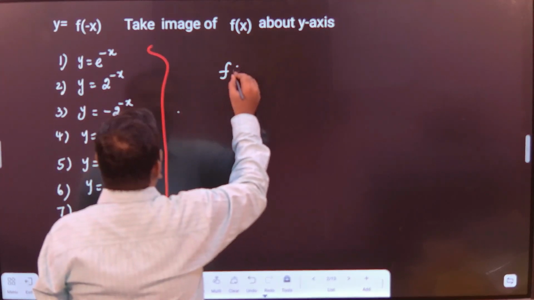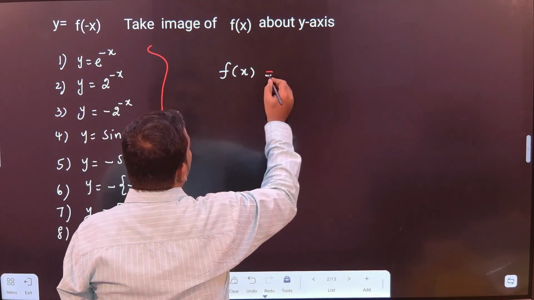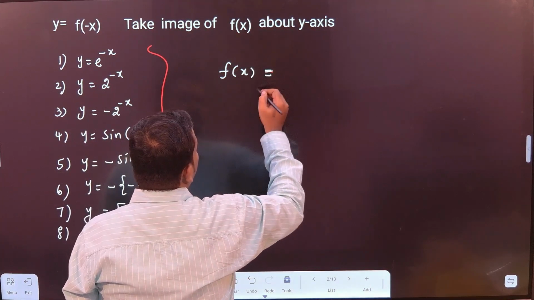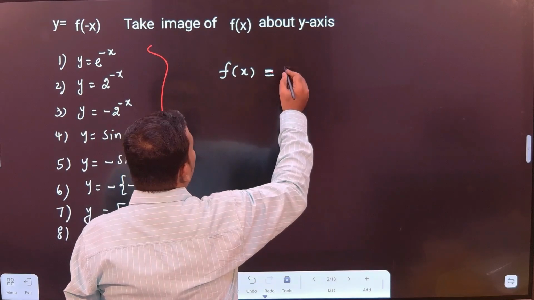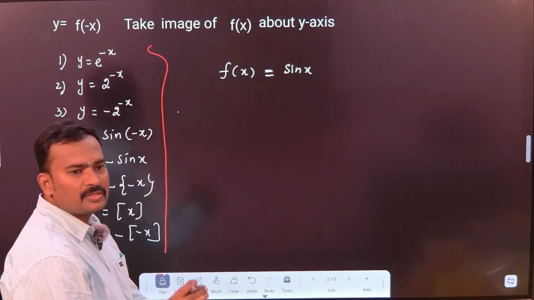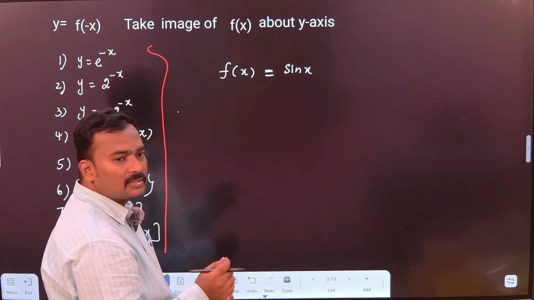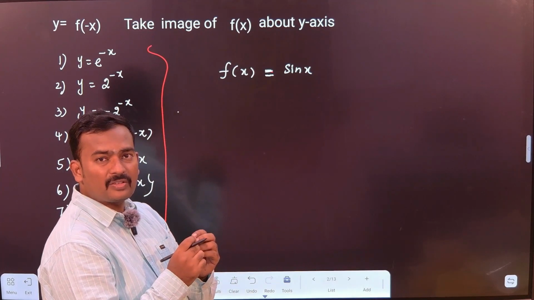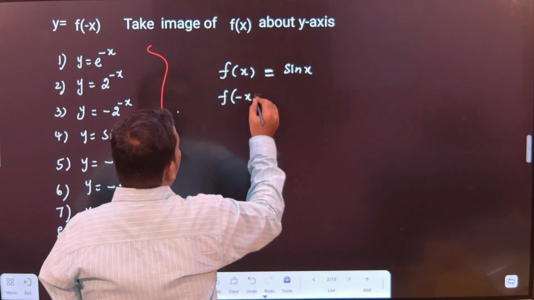Suppose f of x equals, let's take, which function can we take? Sin x you can take, right? We need to find the sine of minus x, right? So replace x by minus x, what will we get?